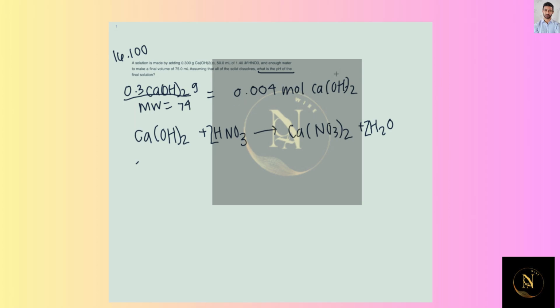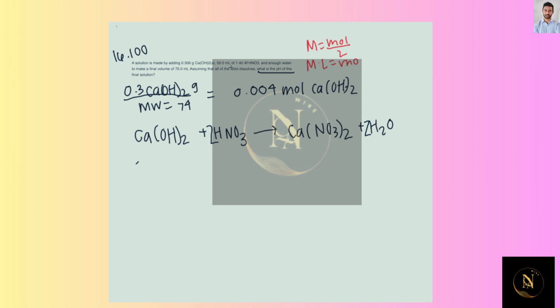All right, the next step is to find the moles of our next starting reagent, which is 1.4 molar HNO3. We had 50 milliliters of that, so molarity is equal to moles over liters, and we are given molarity and volume, so M times L will give us our moles.